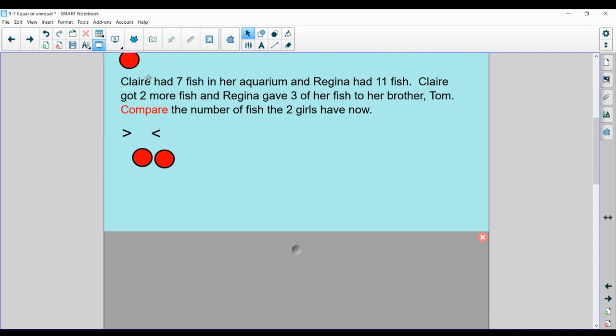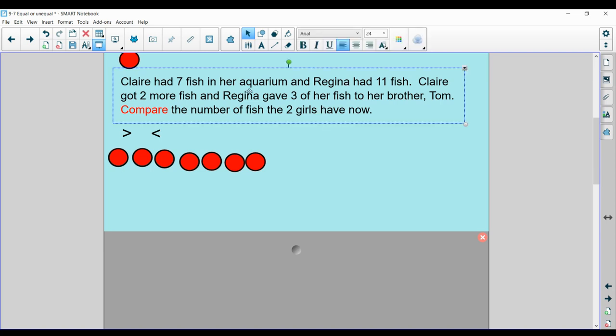I should just go back to using the keypad, it's better than using a mouse. 3, 4, 5, 6, and 7. Okay, this is what Claire has.